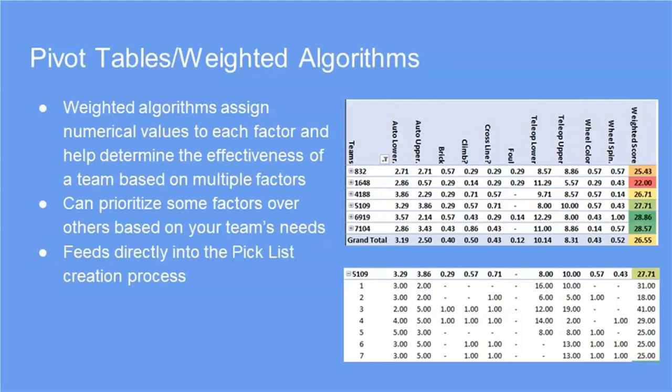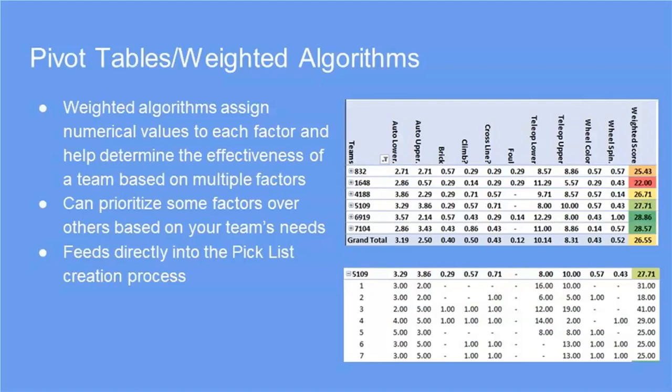In 1261, the scouting application that I helped build has some cred within the team for its ability to predict outcomes. And all of the power that goes into this prediction relies on the idea of weighted algorithms.